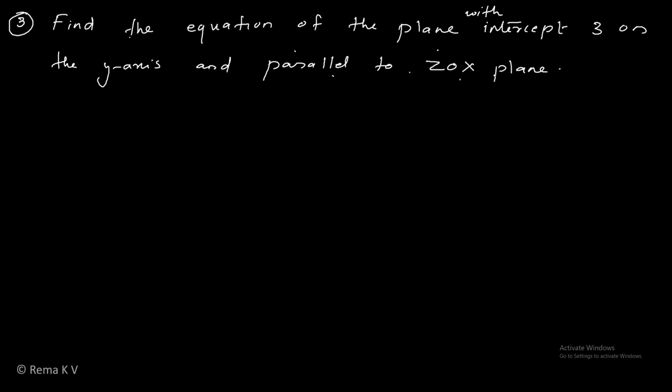That means the plane is not intersecting the x-axis or the z-axis. So we only write this as y by 3 is equal to 1, or the equation of the plane is y is equal to 3. Is it clear?